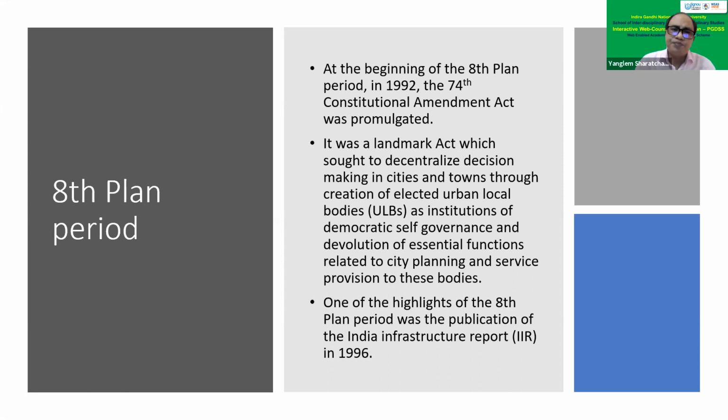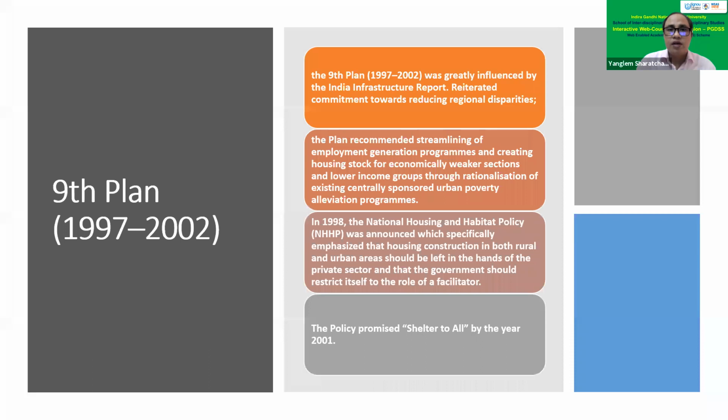Okay, then 1996, the eighth plan period. In that eighth plan period, the Indian Infrastructure Report was published. This is one of the very important milestones which gives an overall view of what basic infrastructure we have and where the gaps are that were identified through this report, right?